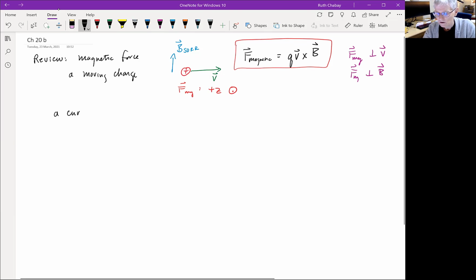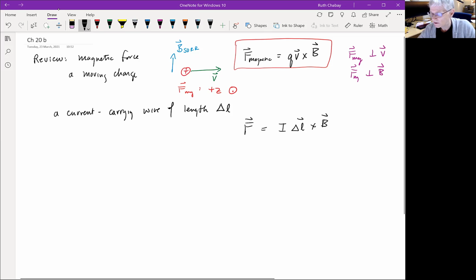So, a current-carrying wire of length delta L. And here the magnetic force on the moving charges is equal to I delta L × B, where delta L is in the direction of conventional current.